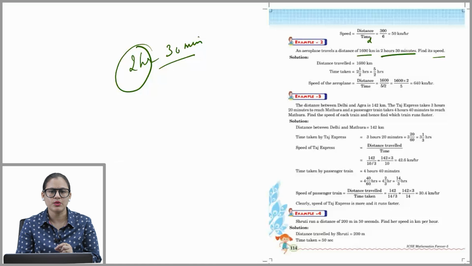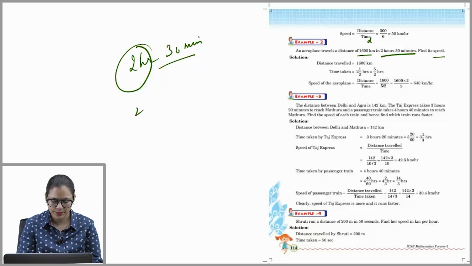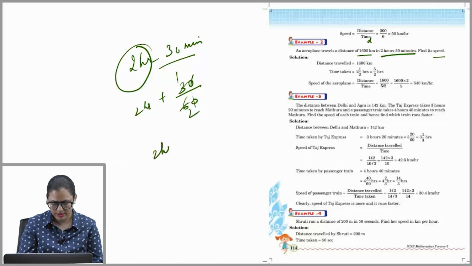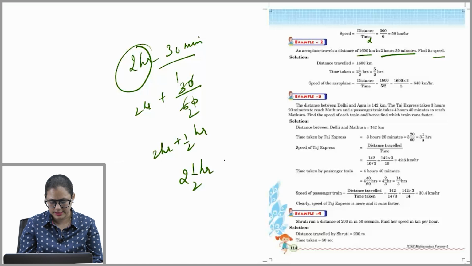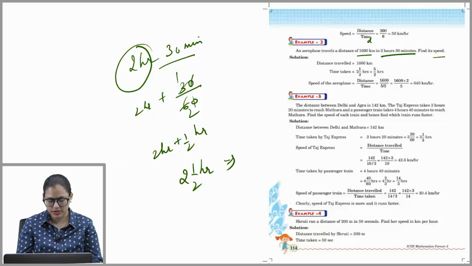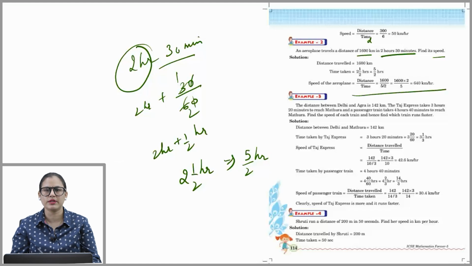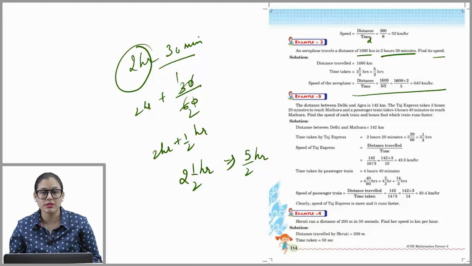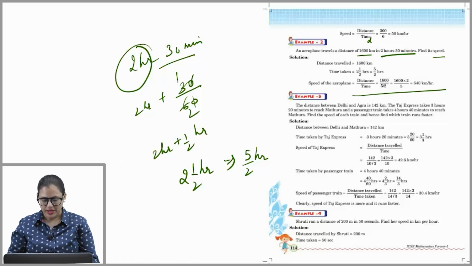You know, 1 minute is equal to 1 by 60 hour. So 30 by 60, that is 1 by 2. So 2 hours plus half hour is equal to 2.5 hours. Then change it into an improper fraction, 5 by 2 hours. Now put all the values in the formula. The formula is speed is equal to distance upon time, right?